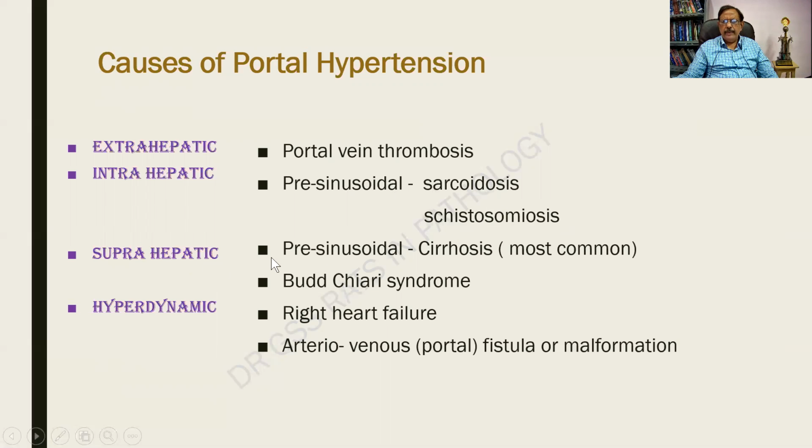Suprahepatic, the pre-sinusoidal cirrhosis. Cirrhosis is the most common cause of this. Budd-Chiari syndrome. Hyperdynamic cases such as right heart failure, arteriovenous fistula. Please do remember these, the various causes for portal hypertension.